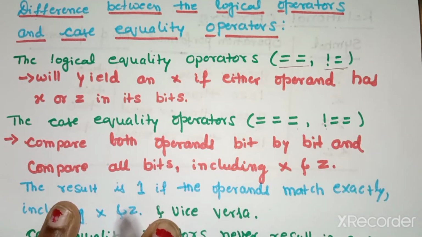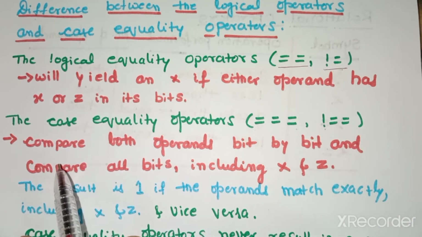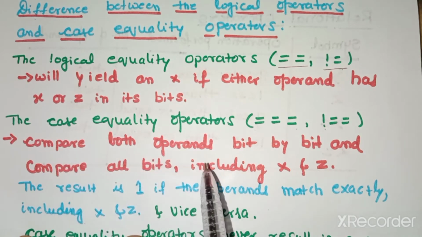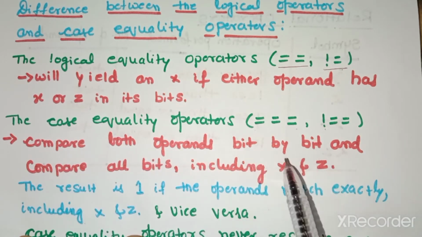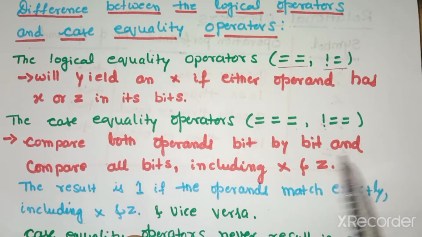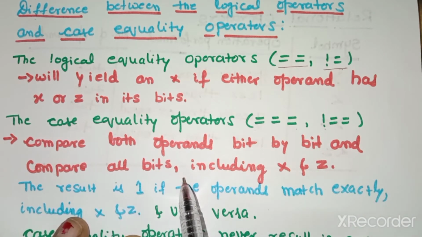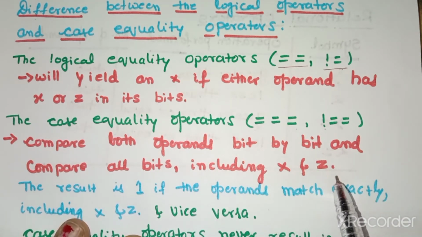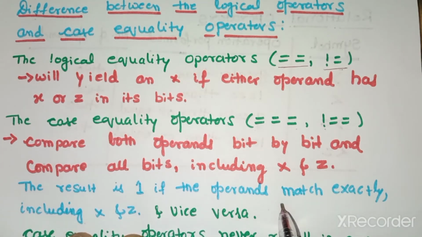Here, it compares both operands bit by bit and compares all bits including x and z. The result is 1 if the operands match exactly, including x and z.